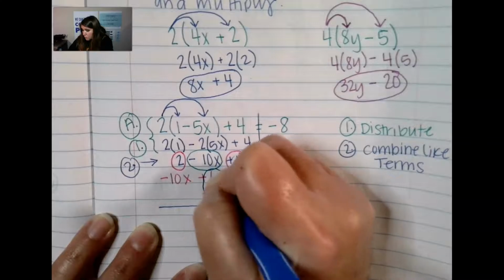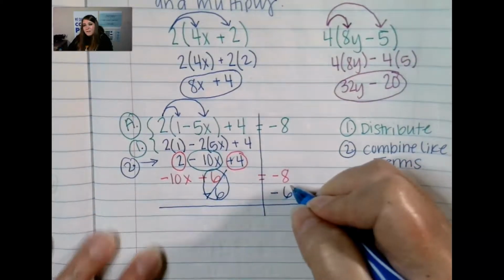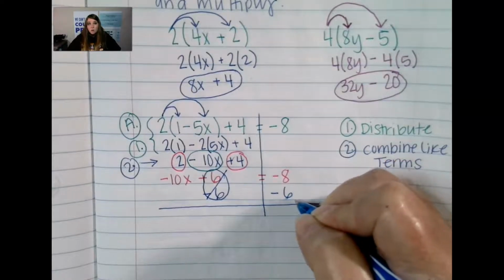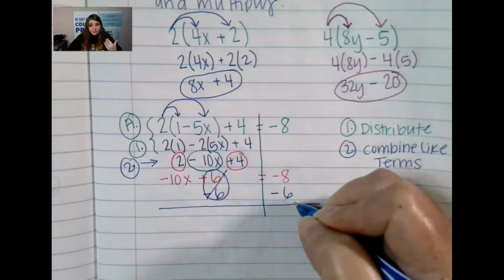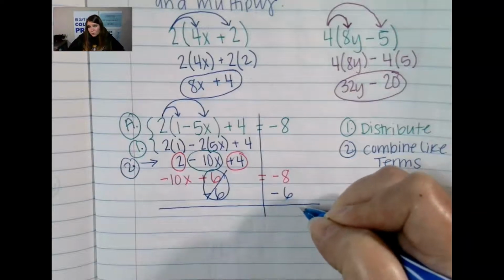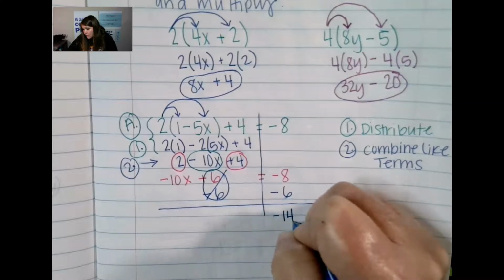This goes away. Oh my goodness, my pen stopped working. If I have negative 8 and I take away 6 more, I have a lot of negatives, right? So I had negative $8 and then I spend 6 more, which means I have negative 14.